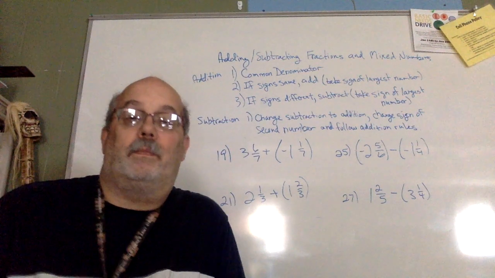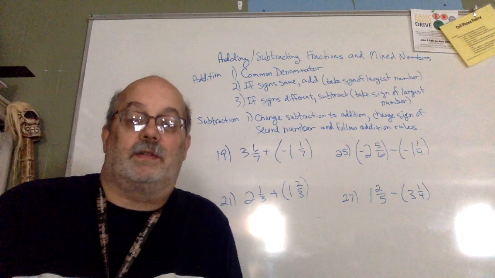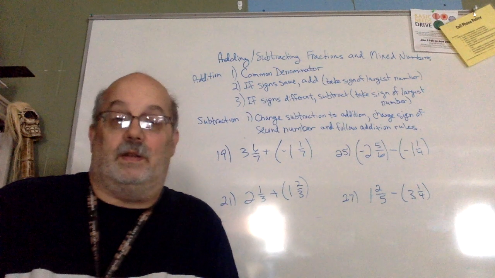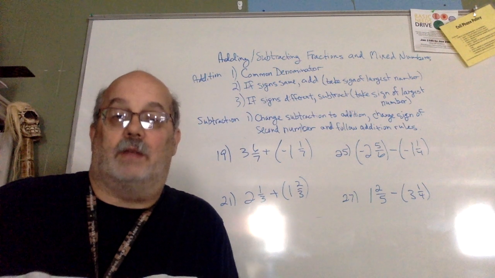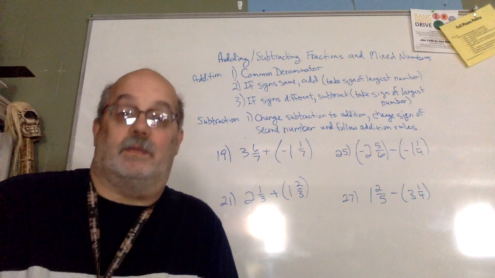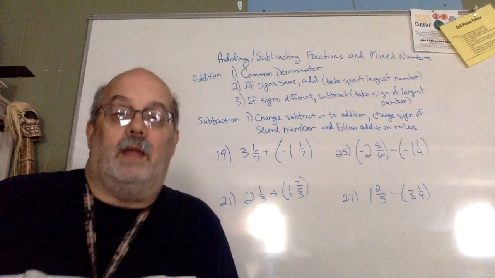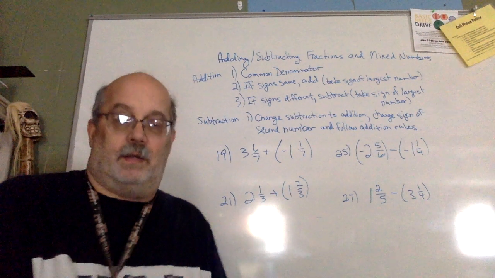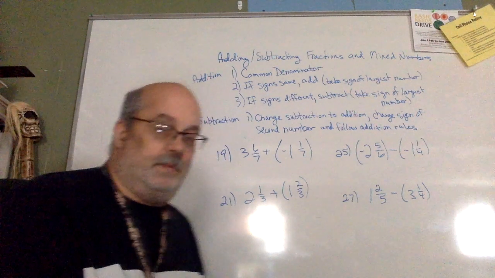So our next problem, 3 6/7 plus -1 1/7. They're different. Yes, they're different. So we're going to subtract them. They have a common denominator of 7. So let's set it up and do the subtraction.